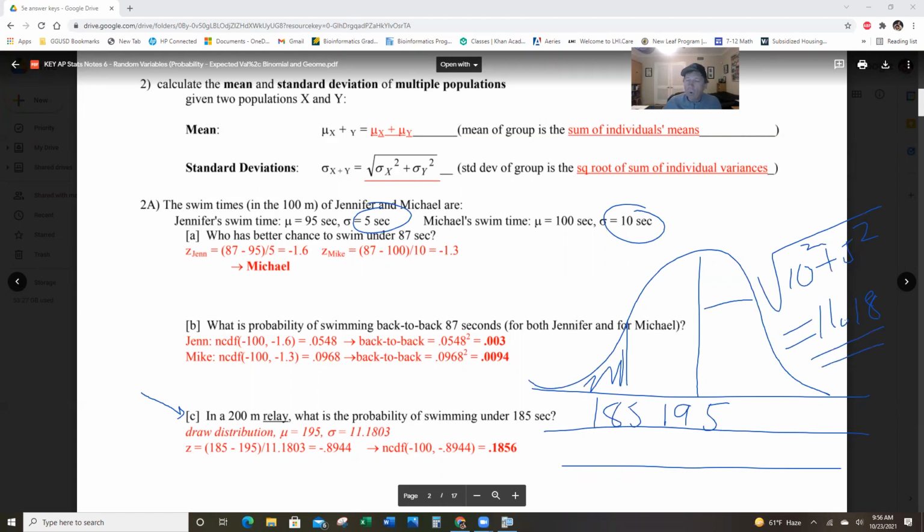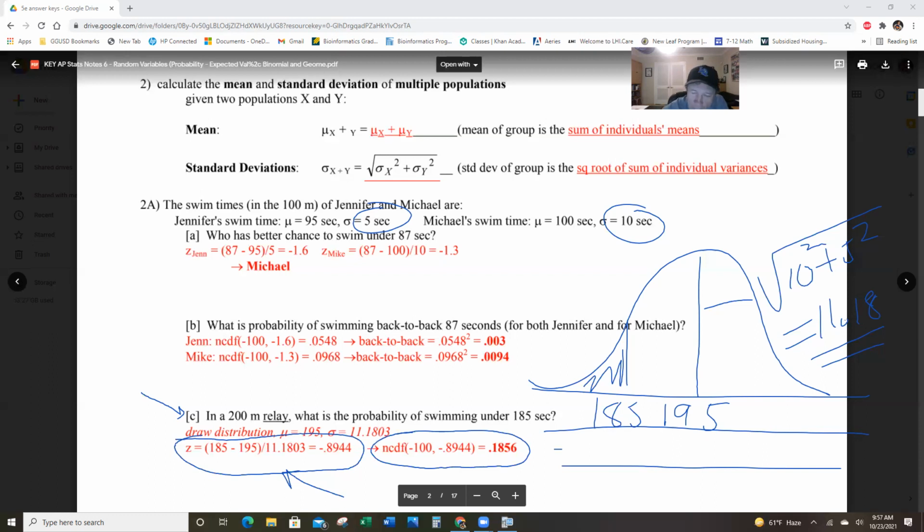Now we're going to get the z-score for 185 using the new number. So it's just like a problem from chapter 2. Here's the z-score: 185 minus 195 divided by 11.18. The z-score is about negative 0.89. I went to 4 decimal places, you don't have to. And then here are your calculator keystrokes, which I will not do because I just got done doing it.